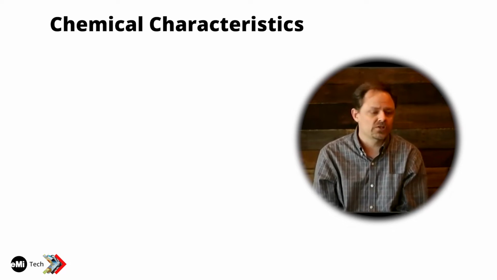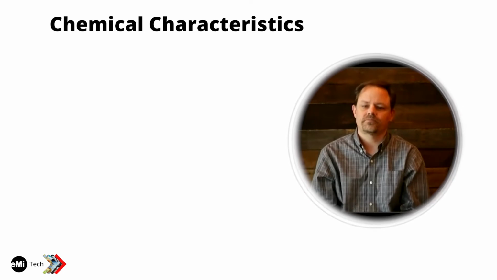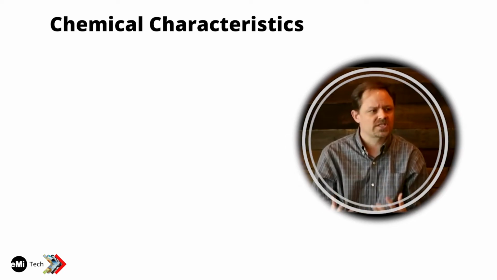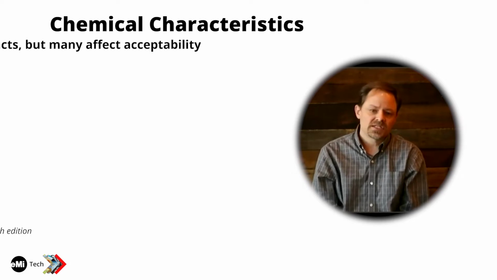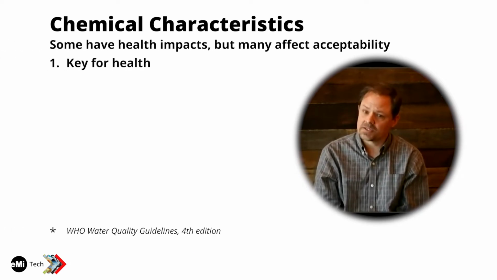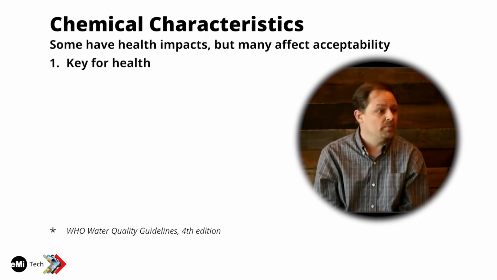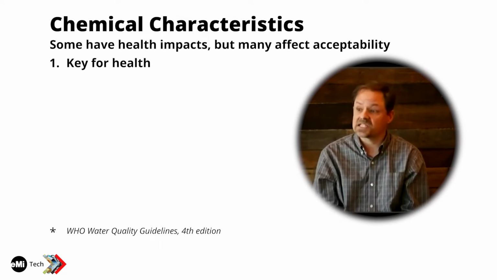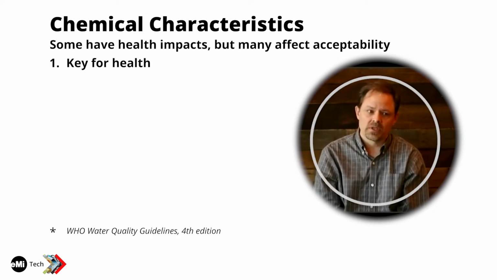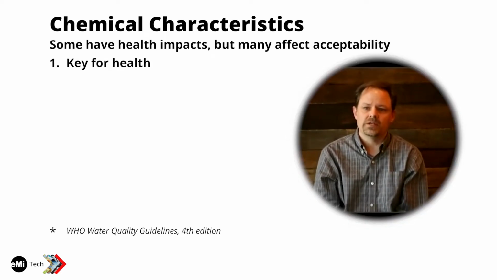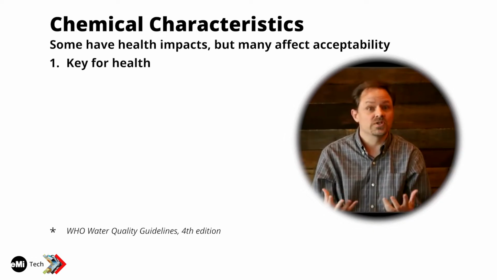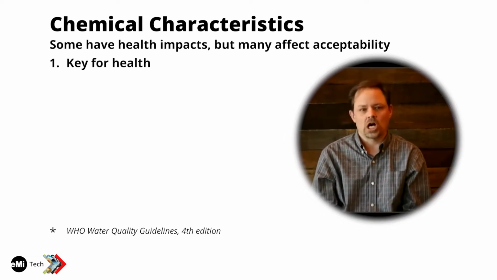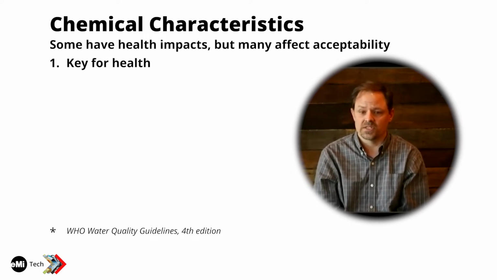So the chemical characteristics include all the minerals, the salts, the chemicals that are in the water. And some of those have health impacts, but in most cases, those attributes of the water primarily affect the acceptability of the water. And by acceptability, we mean the aesthetics of the water and also just the usability of the water for washing and other purposes.